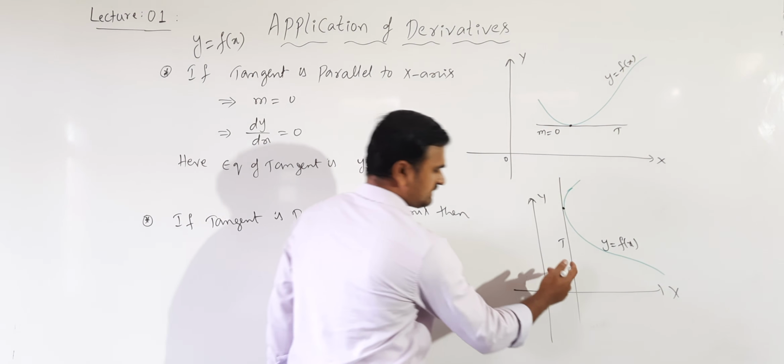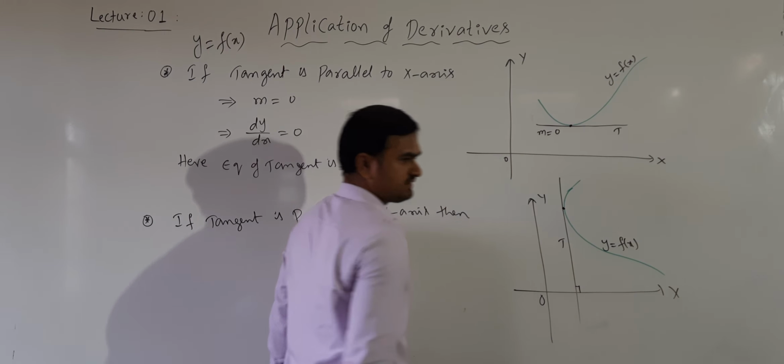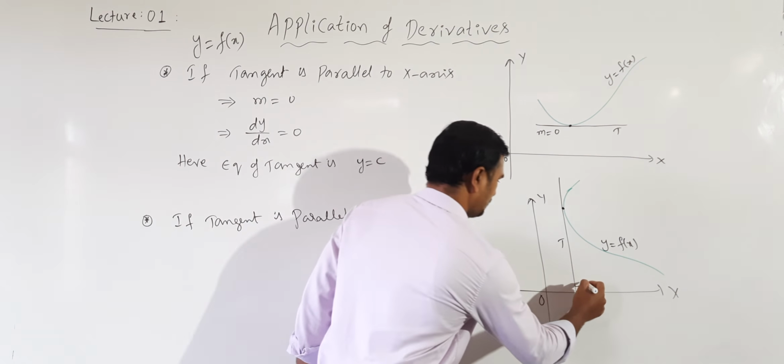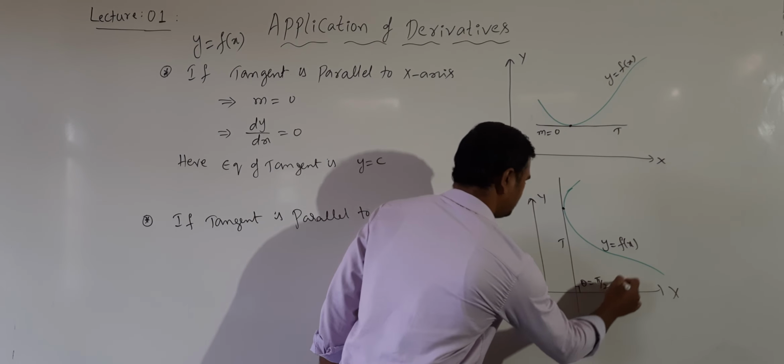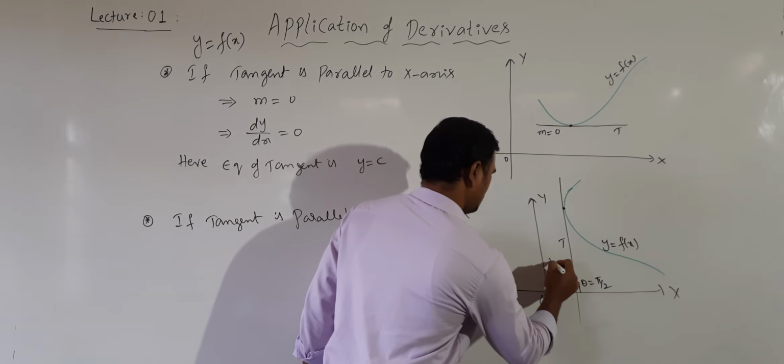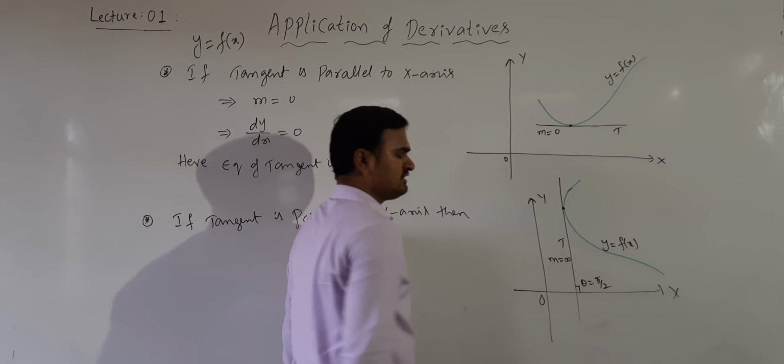Tangent parallel to y-axis means clearly it makes 90 degrees with x-axis. So theta is 90 degrees. What is the slope of tangent here? Here the slope is undefined, so m is undefined, or we can write infinite.